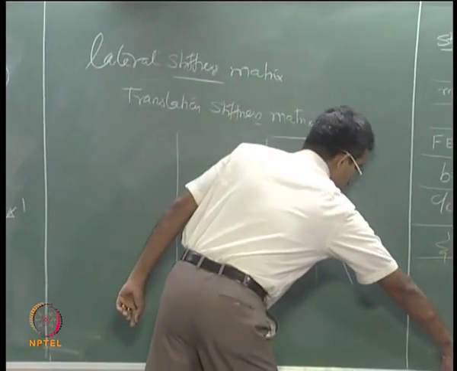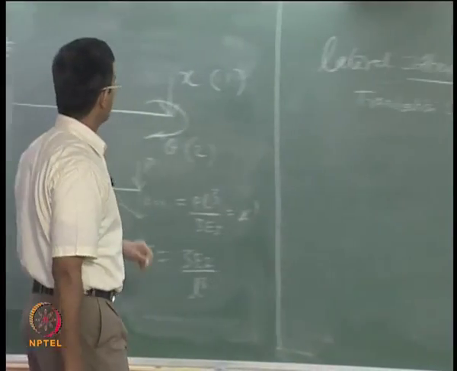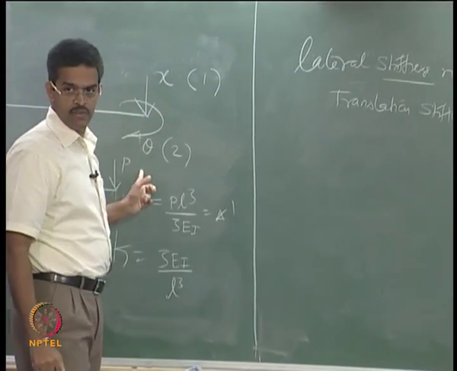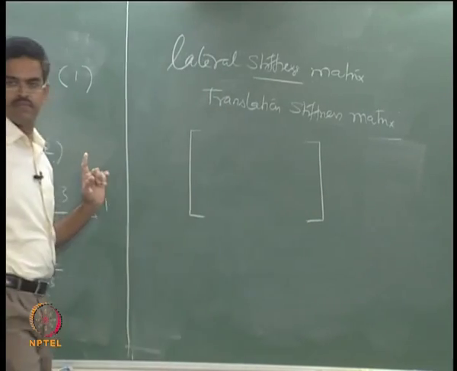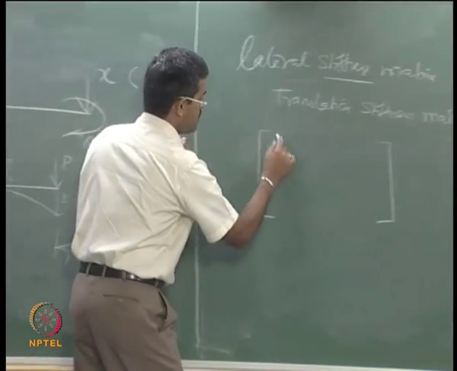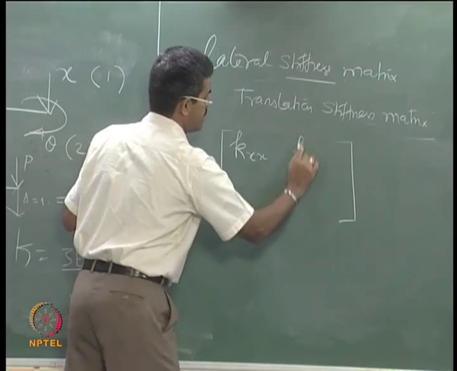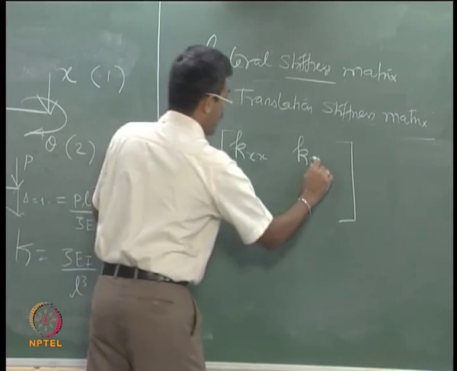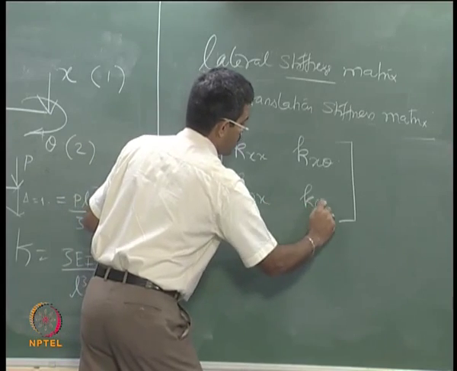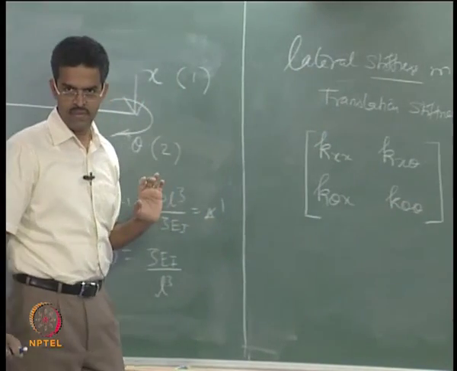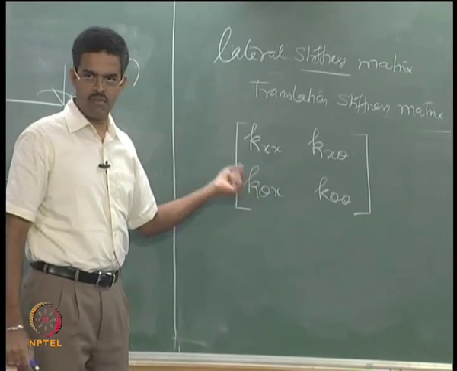So let us remove this. Since you have got 2 degrees of freedom here, I will now get what I call a matrix. I call these coefficients kxx, kx theta, k theta x, k theta theta. It is very easy to remember this. I will give you a clue.